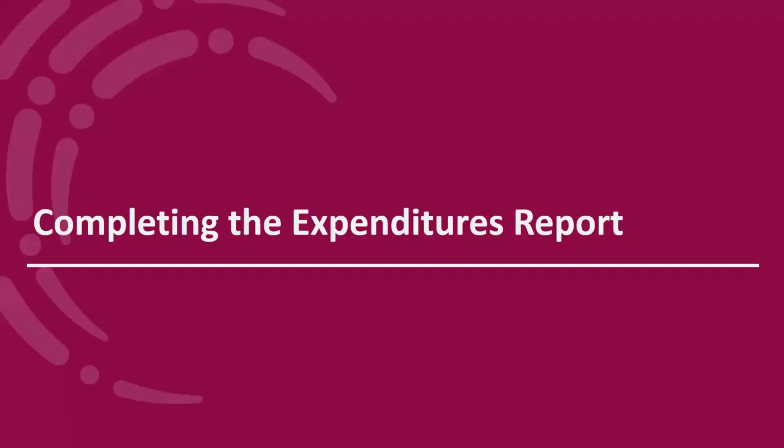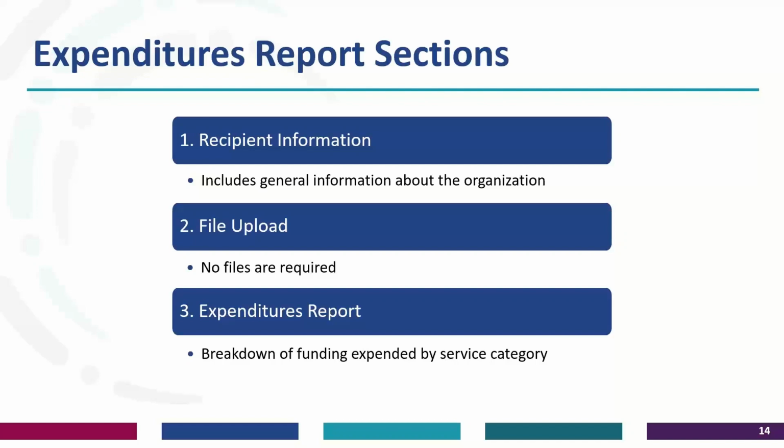So now that we have accessed the expenditures report, let's walk through completing the report for both Part B and Part B supplemental recipients. The expenditures report is comprised of 3 sections and begins with the recipient information section. This will include general information about your organization.